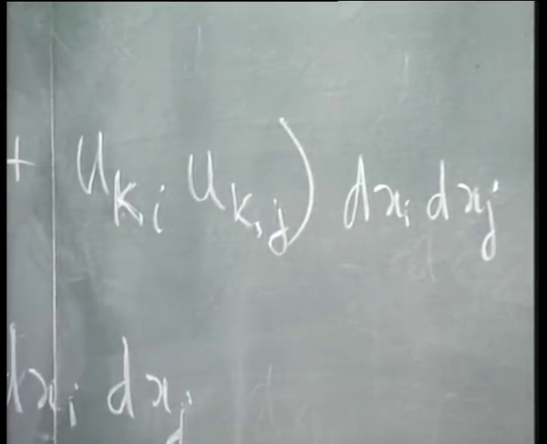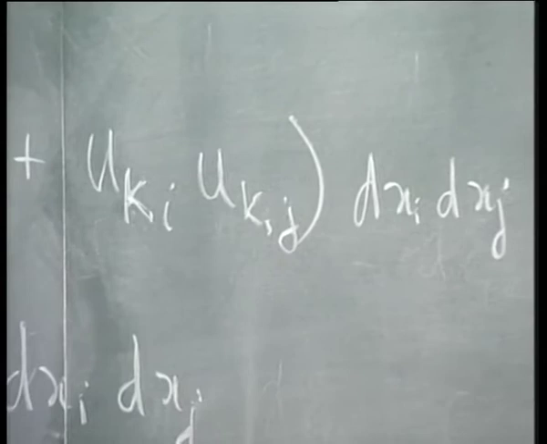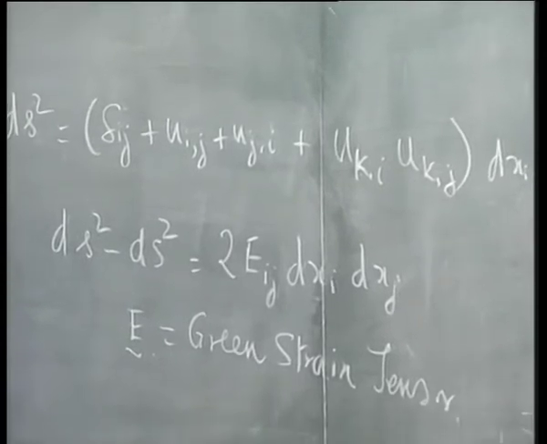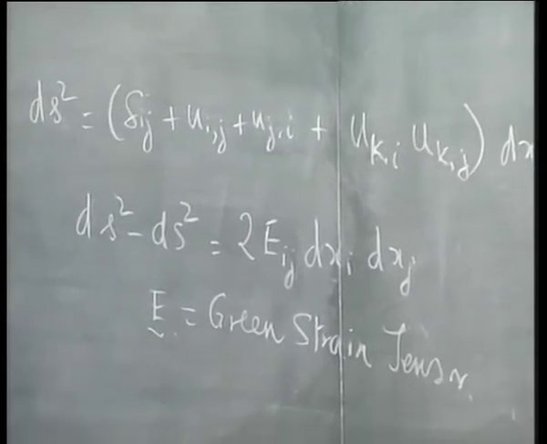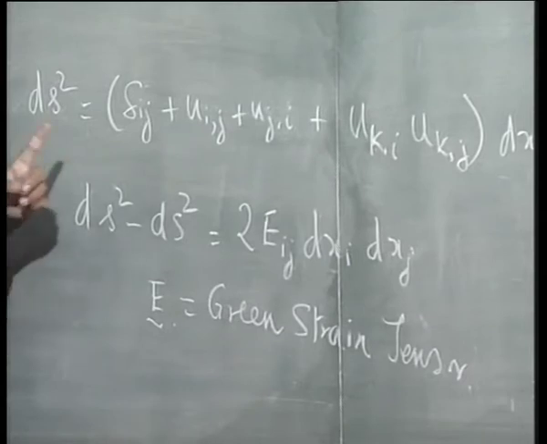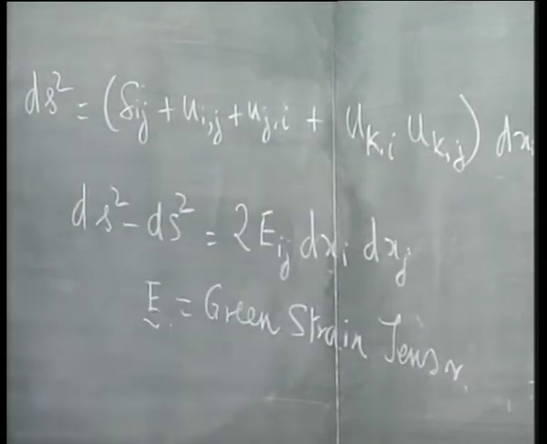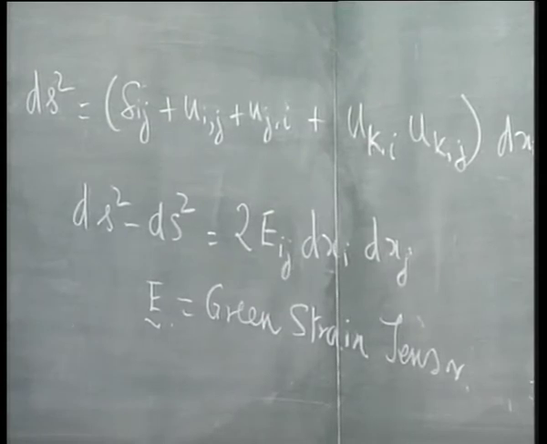Okay. Look at this term and this definition now. It is obvious that Eij is half of ui comma j plus uj comma i plus this term. That is the definition, right. Is that clear?